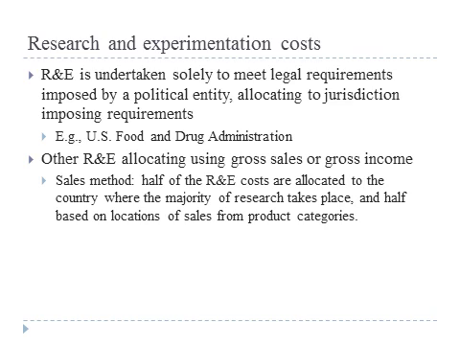Under the sales method, 50% of research and experimentation costs are allocated to the country where the majority of research takes place. And then 50% is allocated between U.S. and foreign sources in proportion to statutory and residual groupings based on proportions of sales from the product categories.